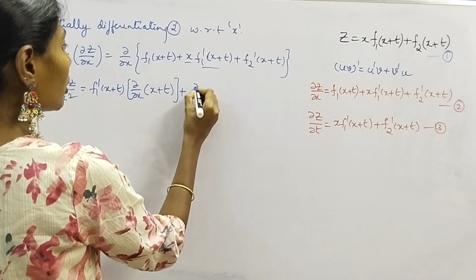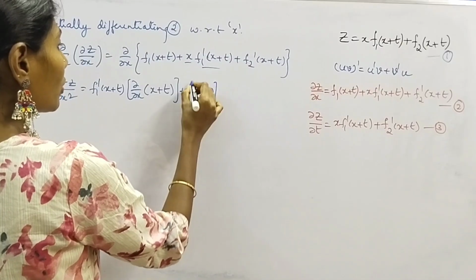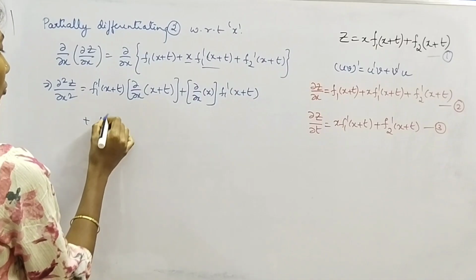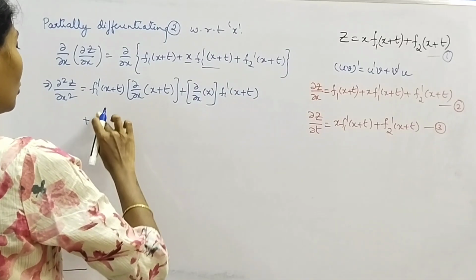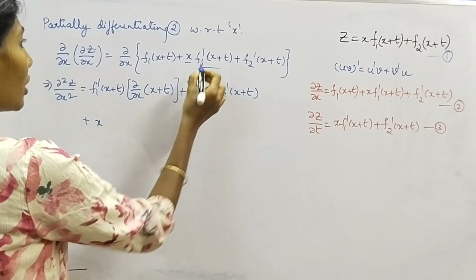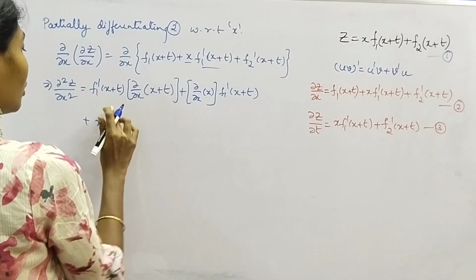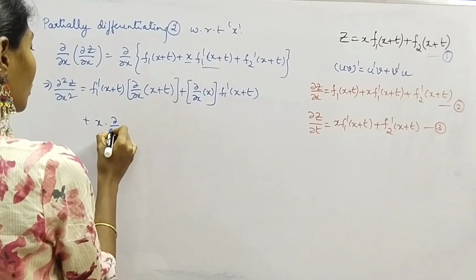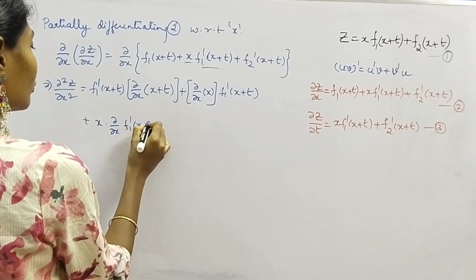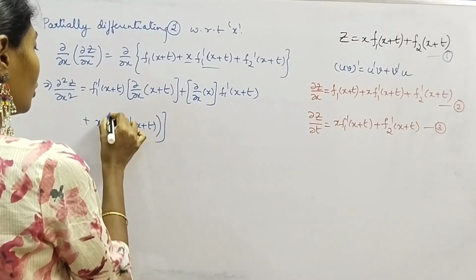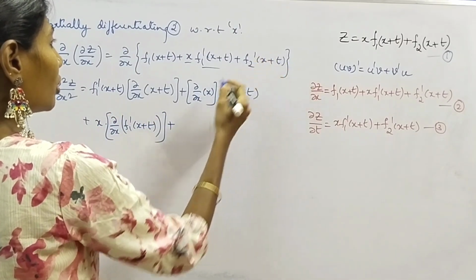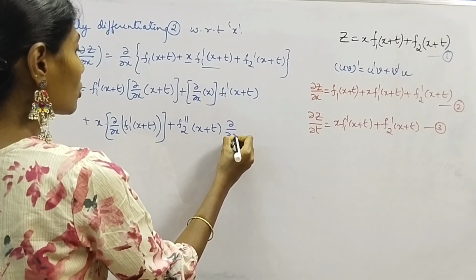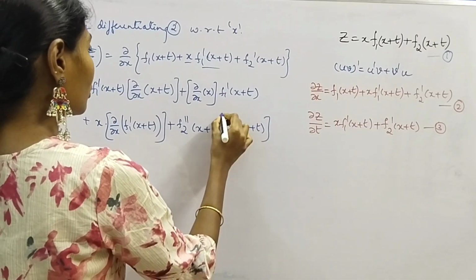So you will get partial derivative of x with respect to x into f1 prime of x plus t, plus x into partial derivative of f1 prime, let it be, plus partial derivative of f2 dash, which is f2 double dash of x plus t, into inner derivative dou by dou x of x plus t, right?